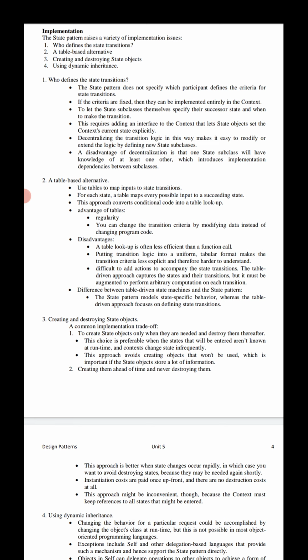Putting the transition logic into a uniform tabular format makes the transition criteria less explicit and therefore harder to understand. It is also usually difficult to add actions to accompany the state transitions. The table-driven approach captures the states and their transitions, but it must be extended to perform arbitrary computations on each transition.